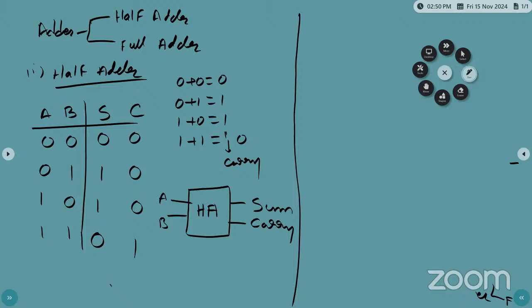Now, for which input combination do we have the sum value 1? We can write the sum expression for the half adder.